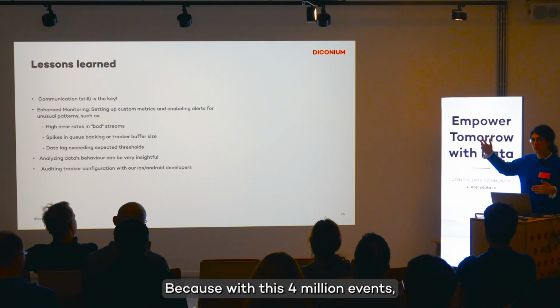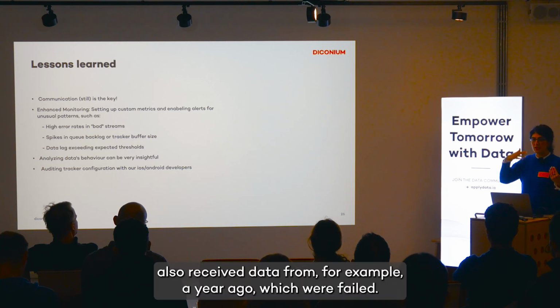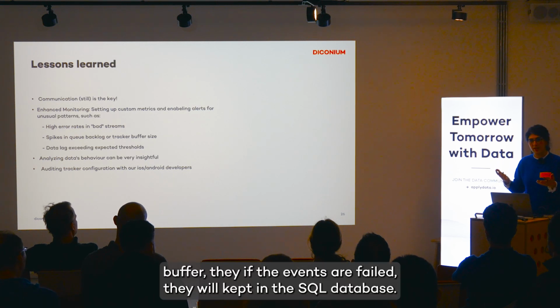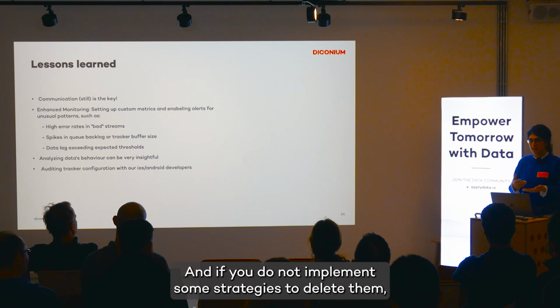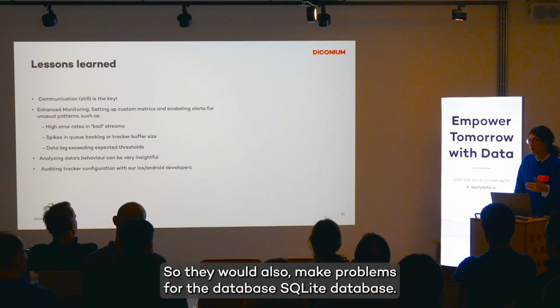Because with these 42 million events, we also received data from a year ago which had failed. With that buffer, if events fail, they are kept in the SQLite database, and if you do not implement strategies to delete them, they will stay there and also cause problems for the database.